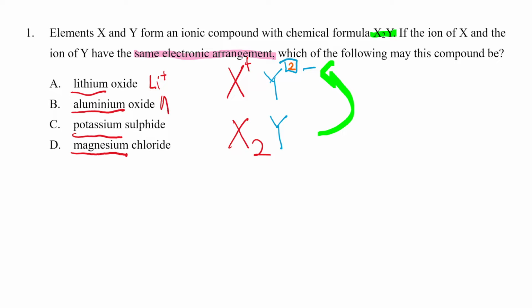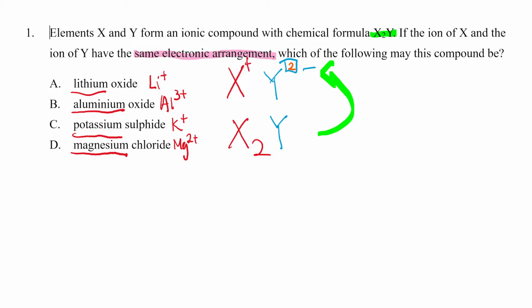Aluminium, you can look at the periodic table, you don't have to memorize it. Aluminium is in group 3, so any element in group 3 would have a 3 positive charge. Potassium is in group 1, so it will have a 1 positive charge. Magnesium is in group 2, so it would have a 2 positive charge, Mg2 plus.